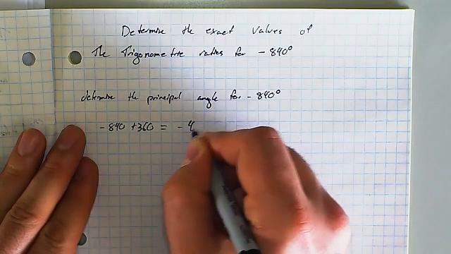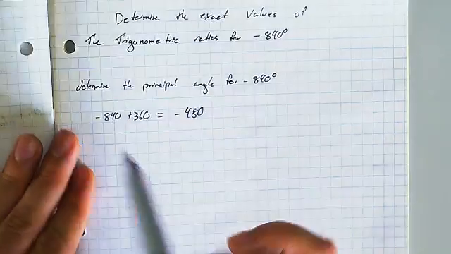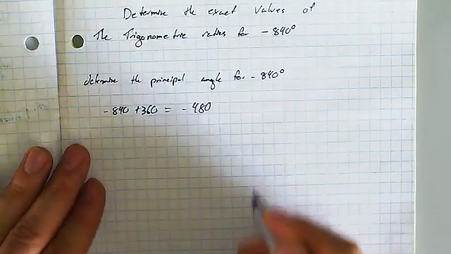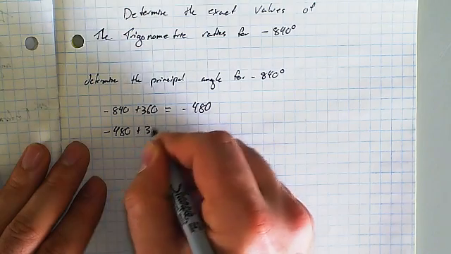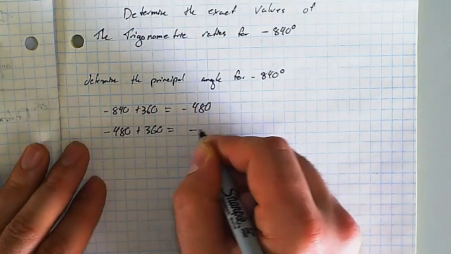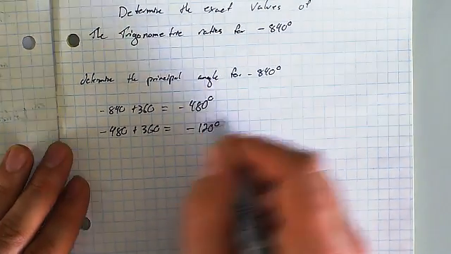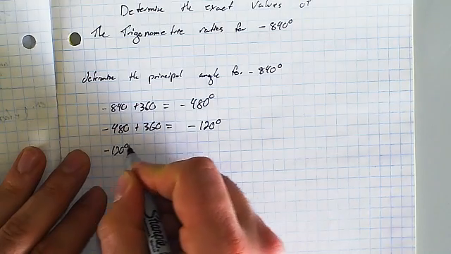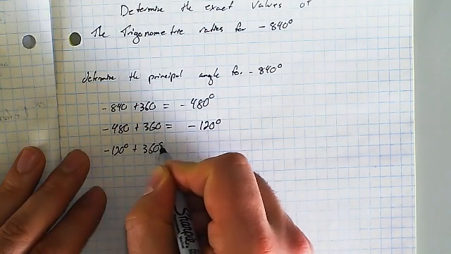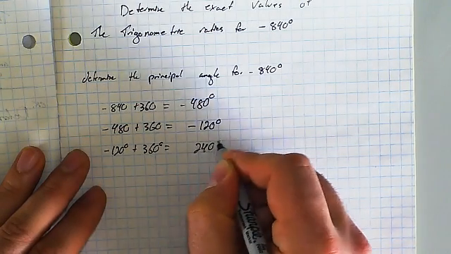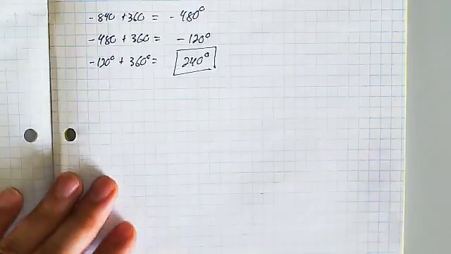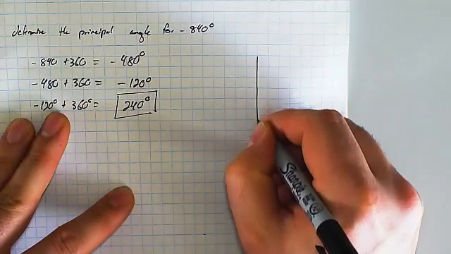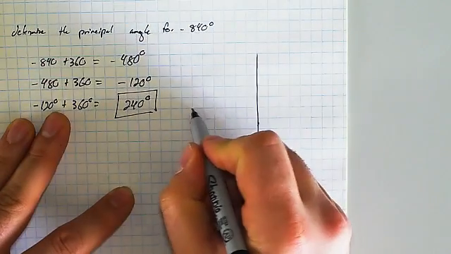Again, we're going to go negative 840, we're going to add 360, and we're going to keep doing this until we get a positive angle between 0 and 360. And once we have that, which we now realize is angle 240, we're then going to graph this.